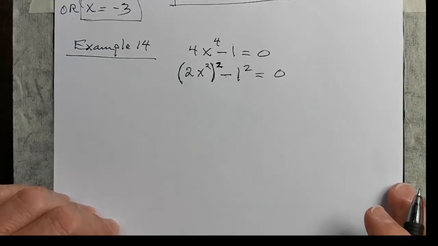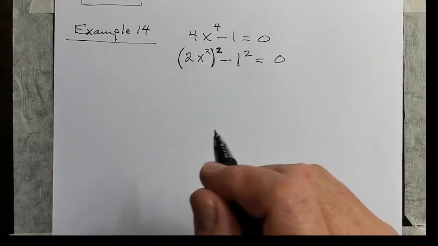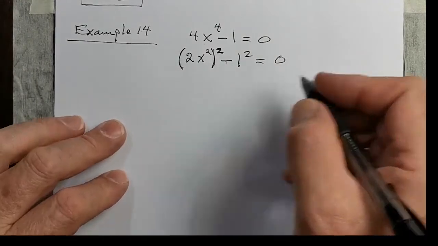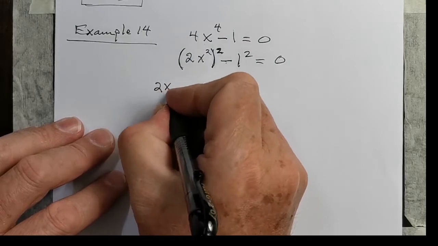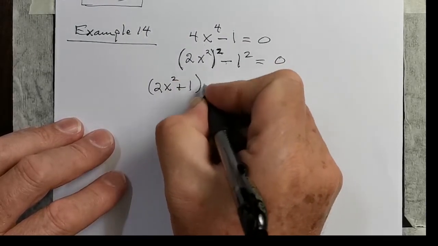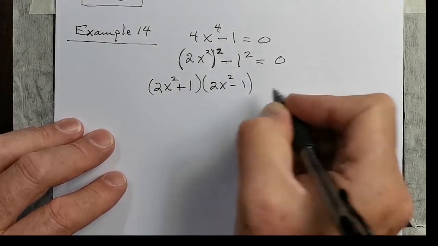So let's factor. You know how to factor this. A squared minus b squared factors as a plus b times a minus b. So a in this case is 2x squared. So this becomes 2x squared plus 1 times 2x squared minus 1.